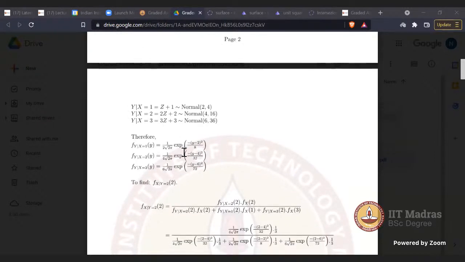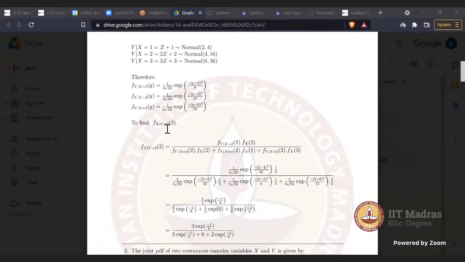Now, what do we have to find? We have to find the probability of X equals 2 given Y equals 2. In the numerator, it is going to be f of x equals 2, y equals 2, and we can also write it as f of y given x equals 2 times fx of 2.